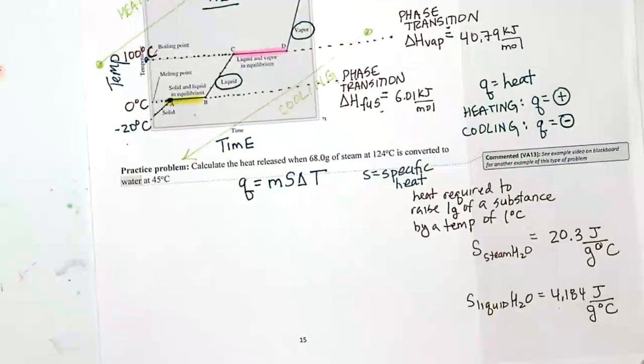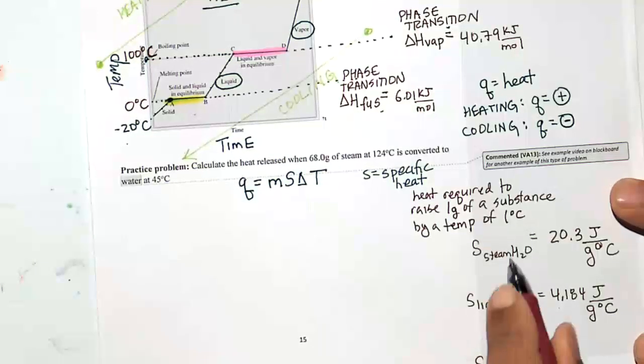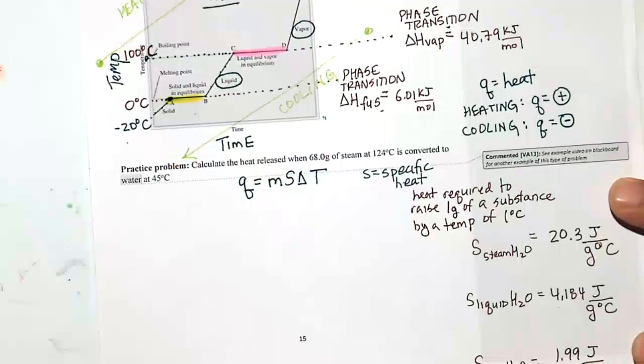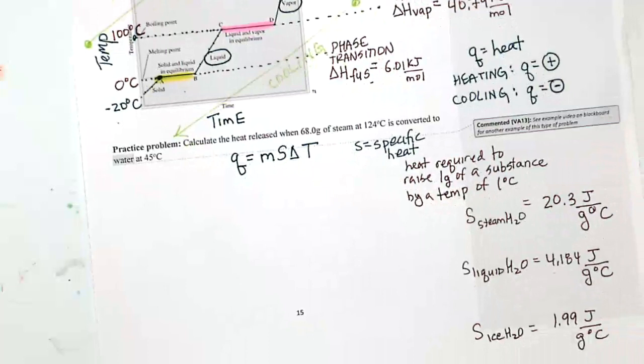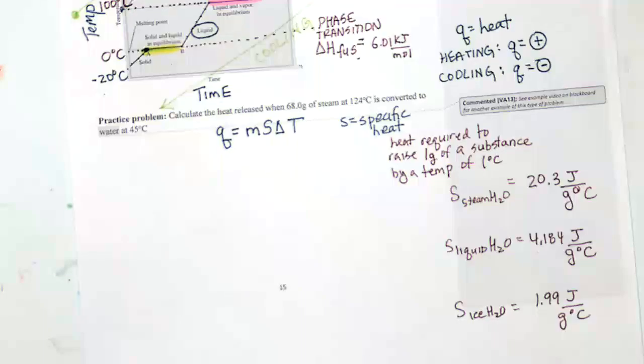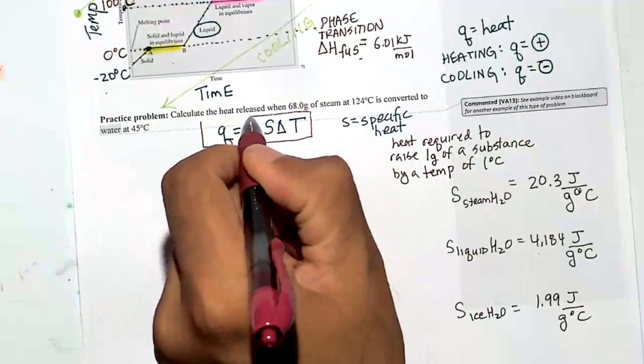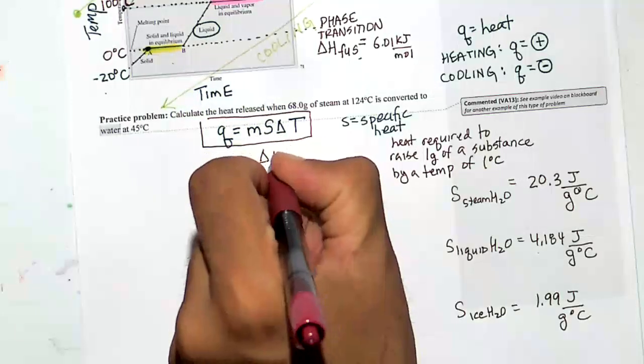You do not have to memorize them. And I believe we also have ice. Ice, or solid water, has a specific heat of about 1.99 joules over grams degrees C, so it takes 1.99 joules of energy to raise 1 gram of ice by 1 degree C. These go into the equation Q = ms delta T. Anybody know what delta T is?